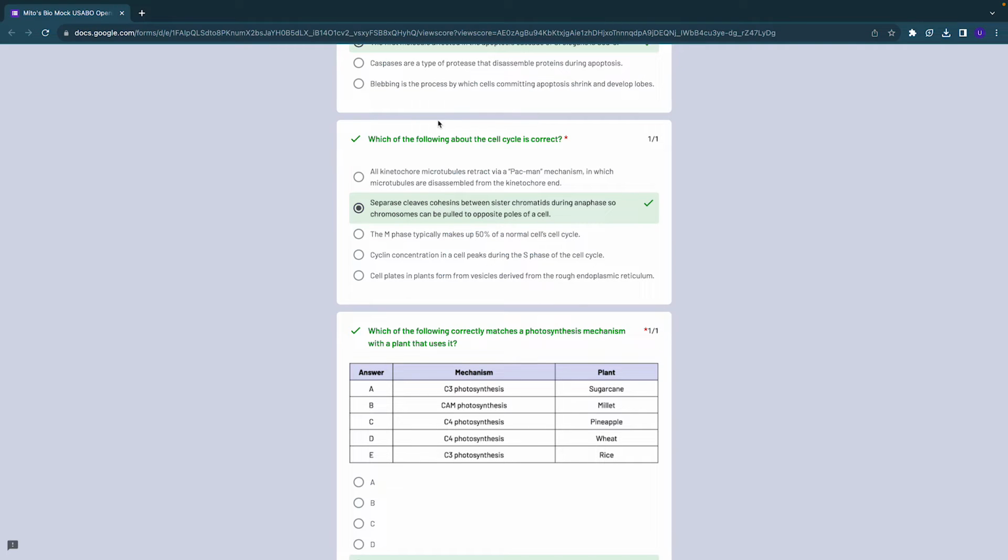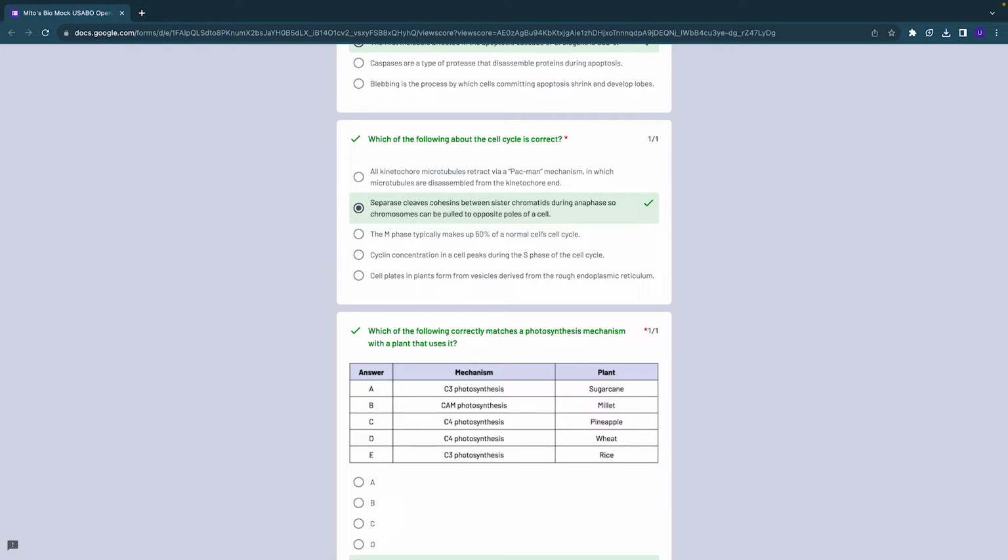All right, so which of the following about the cell cycle is correct? Basically, this one is incorrect because your microtubules, in different organisms, some of them actually use kind of like a reeling mechanism, like reeling in a fishing line. This one is correct. And the M phase actually makes up closer to 10% of your normal cell cycle.